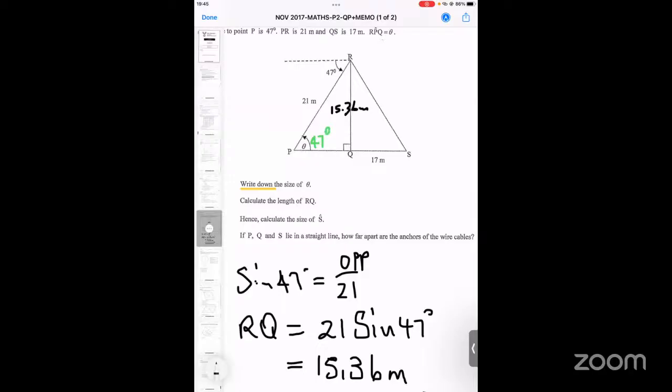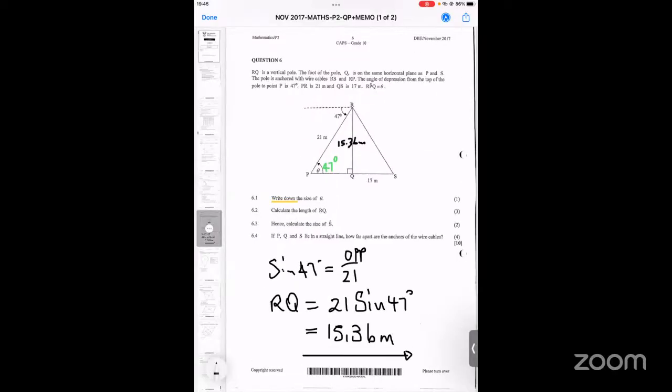Guys, what's happening? Are you winning or still thinking about it? So what I did, since we have RQ already, looking for the angle of S, what I used is tan of theta, which is equal to opposite over adjacent.